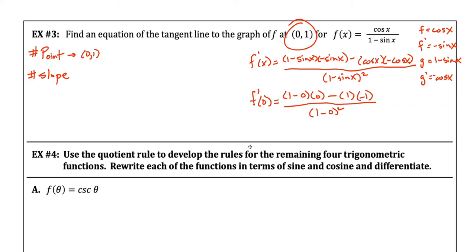Oh, I forgot the prime, sorry. F prime of 0 is, so I've got 1 minus 0, which is 1 times 0, which is 0, minus negative 1. So my numerator is 1. Denominator is 1 squared, which is 1. So my slope at 0 turns out to be 1.